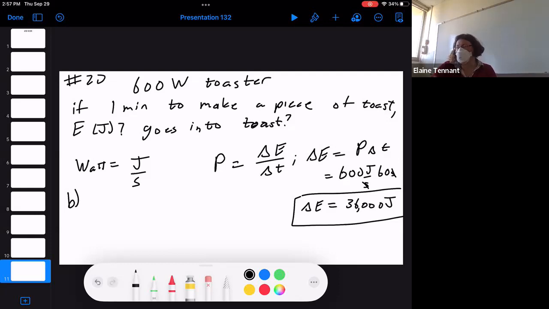But just so you know, for this problem, it's saying, okay, if your power is 8.5 cents per kilowatt hour, how much does this cost?